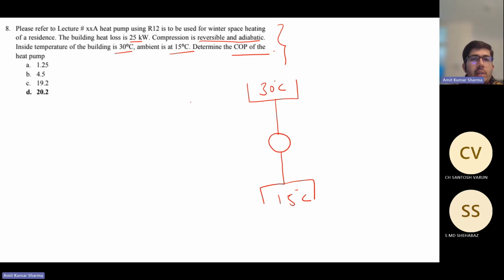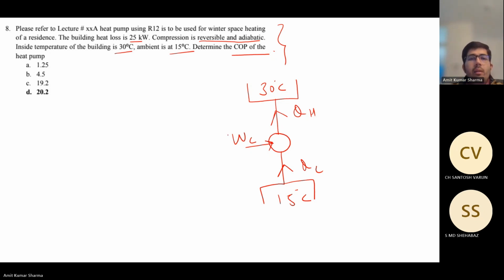So we are doing winter space heating. So QH will be the desired temperature side, 30 degrees, and QC is the other side. We are providing some work input to the compressor, WC.